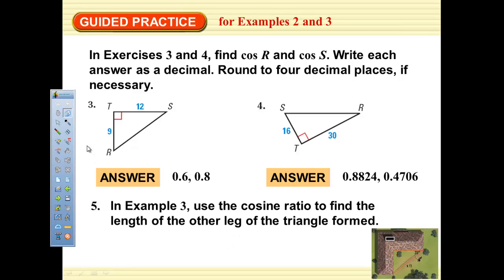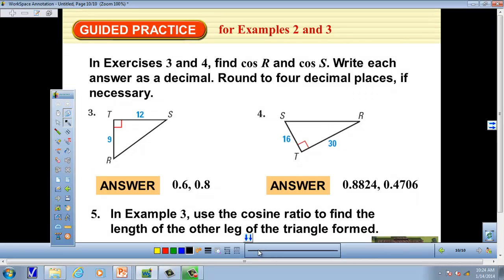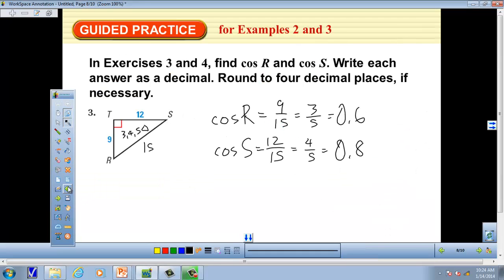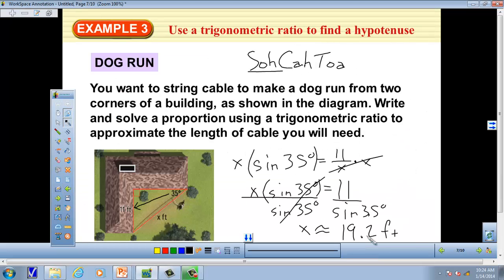And for this last one, I'm going to need to move it up a little bit. Using the same picture, I know it's hard to see, but we want to use the cosine to figure out the leg of the other triangle. If we go back a couple, we found out that this was 19.2 approximately.